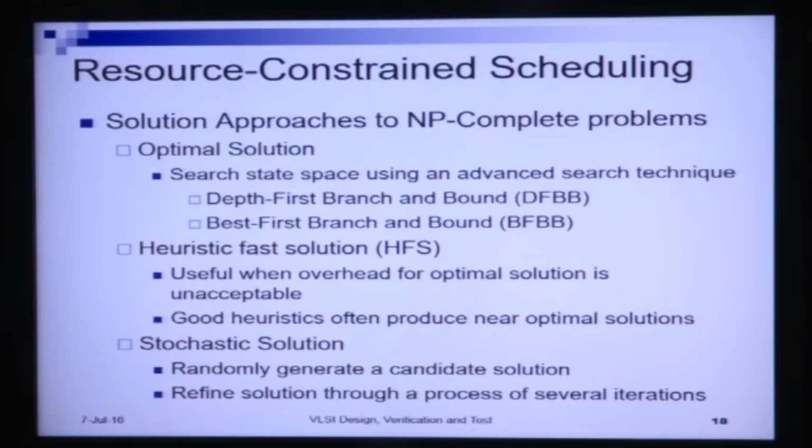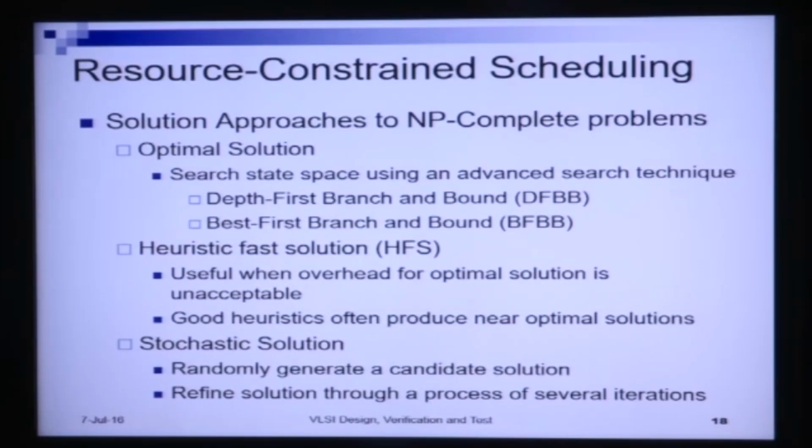However, the solutions often produced are quite good with respect to the best solution, and the advantage is that we get the solution in very quick time. Heuristic fast solutions are useful when the overhead for an optimal solution is unacceptable, and good heuristics often produce near optimal solutions in many cases.